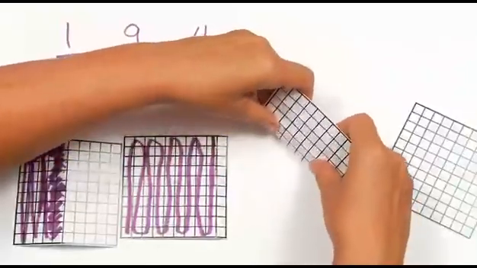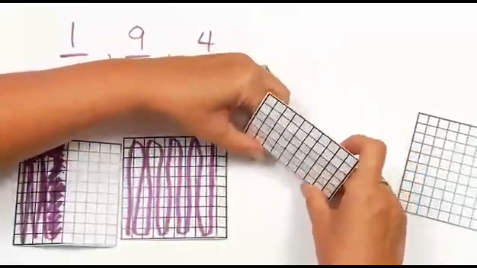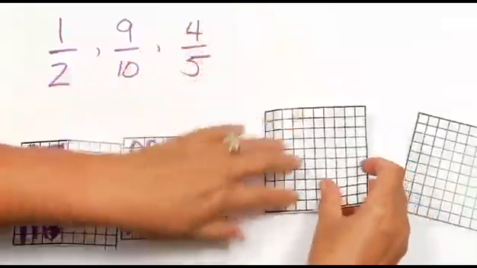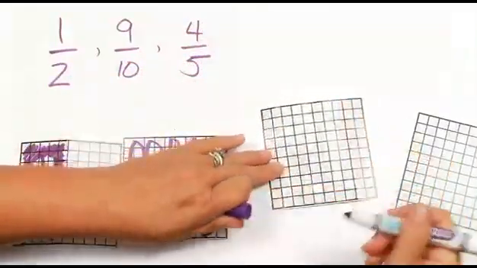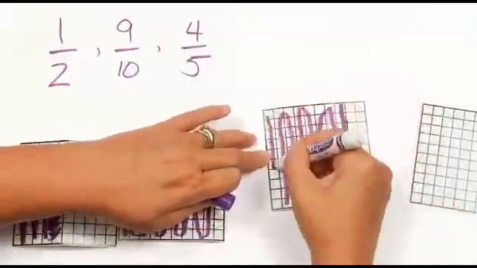Each one of my sections will have 20. So if I take 4/5, I'll leave this one blank and color the rest in.